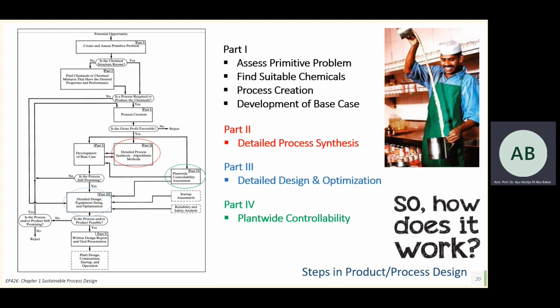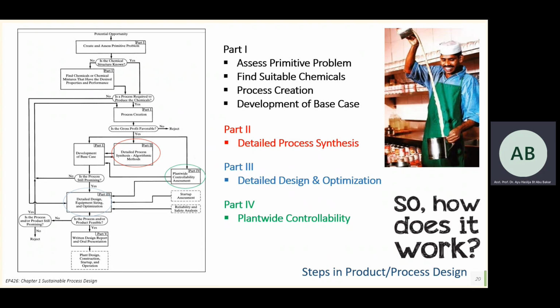Now, from the beginning just now, it covers up to part 1 and part 2, where you identify your raw material, find suitable chemicals, process creation, how you want to do it, mix, stir, perhaps at certain temperature. Okay, then process creation. From raw material, mix, stir, tarik, that is the process creation up to your product.